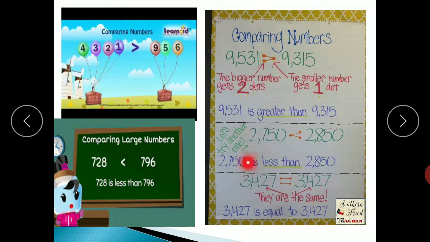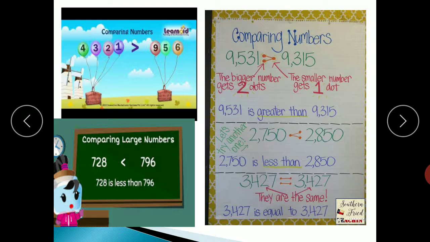Similarly, another example. Let us look at both the numbers, both sides. So 3 is in the thousand place, and this 3 is also in the thousand place. Let us move to the next place, the 100 place. Here is 4, here is also 4. Let us move to the tens place. Here is also 2, here is also 2. Next move to the ones place. Here is 7, here is also 7. Then we can say both are equal.